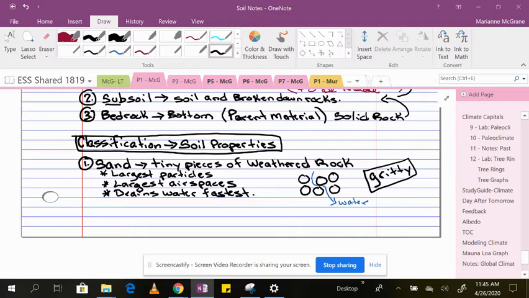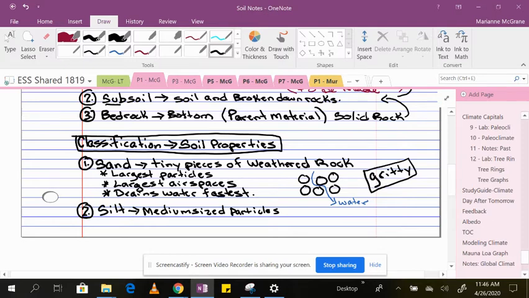The next thing that we're going to be looking at is silt. And I'm going to try to fit silt in here because I want to save space. And so silt is medium-sized particles. So it doesn't have the largest particles, it has the next smallest, if you will, particles.